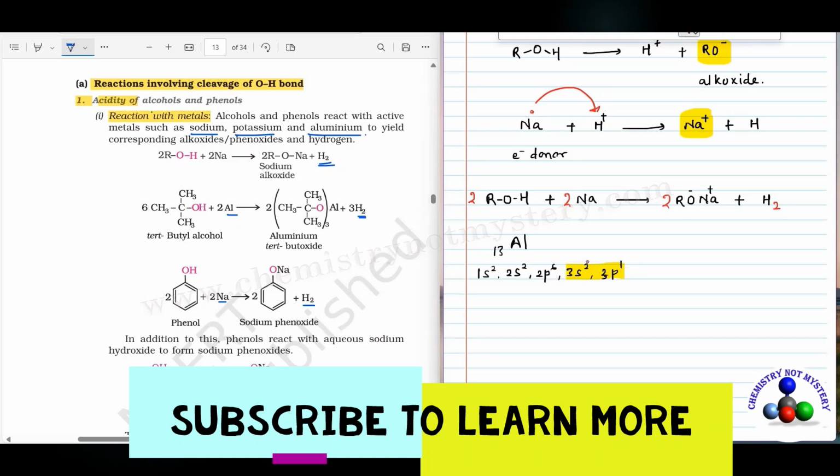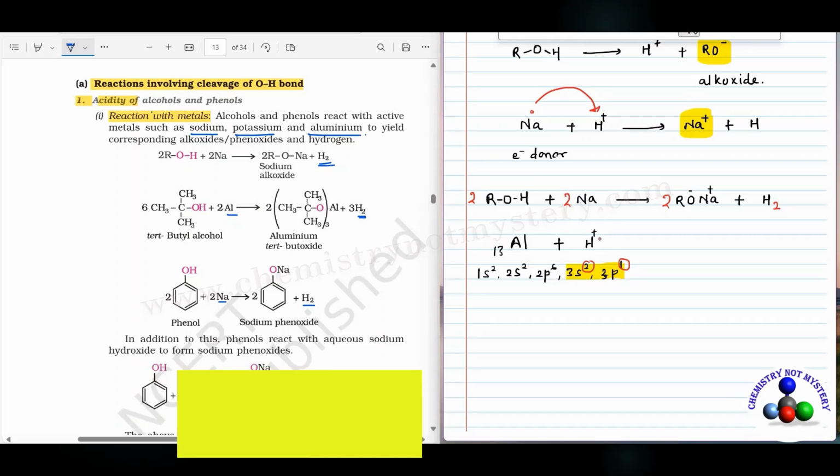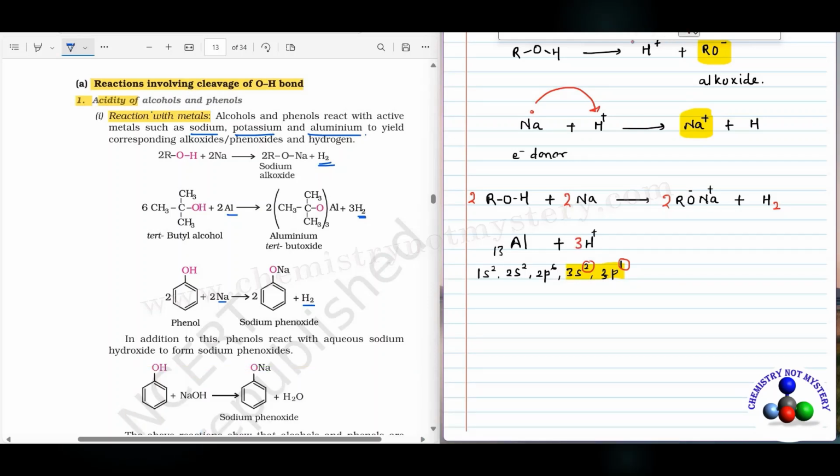There are 3 valence electrons, which means aluminium can donate 3 electrons to H plus ion. So when aluminium reacts with H plus ion, it will react with 3 H plus ions, and as a result you will get aluminium 3 plus ion and 3 hydrogens are formed. But these are 3 atomic hydrogens.